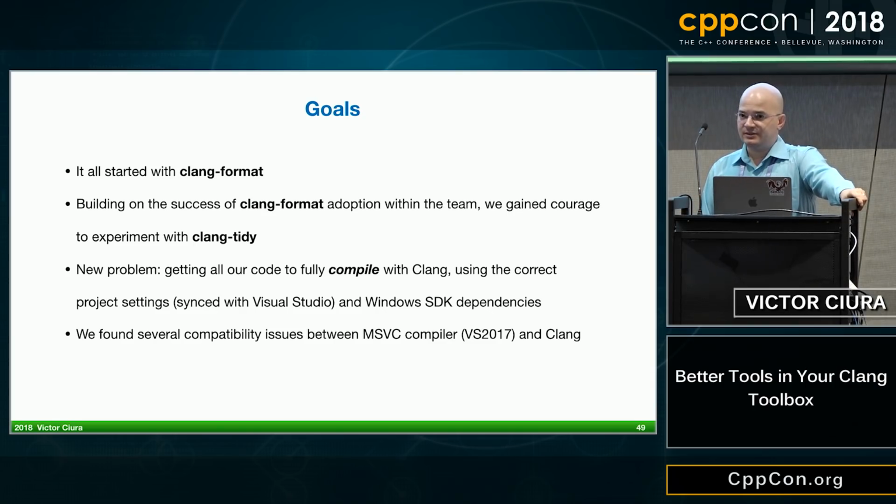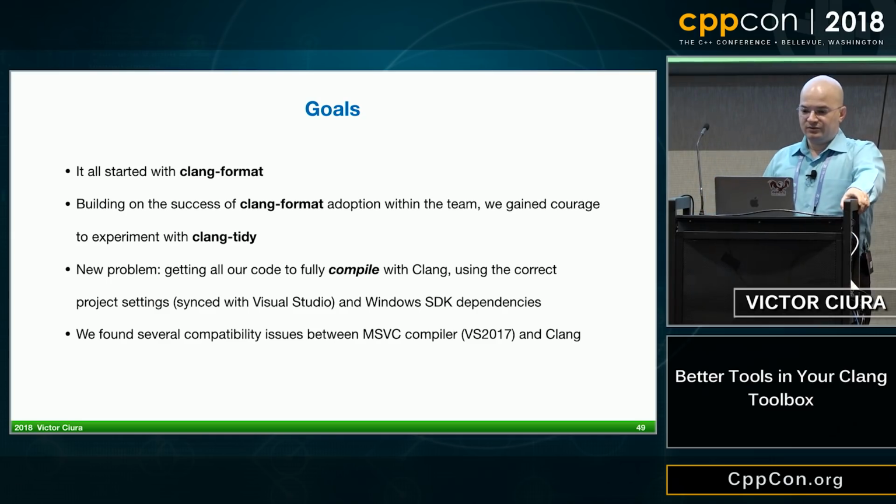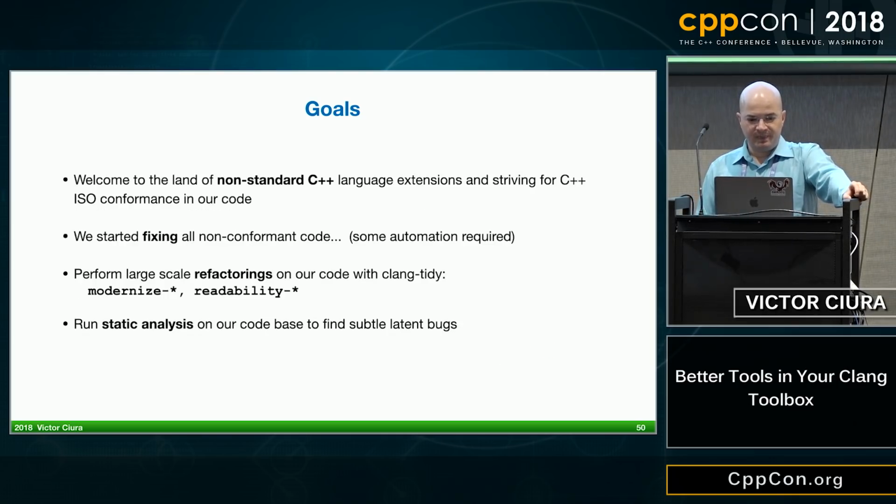But other issues, like encountering near misses in virtual function names, or functions that actually didn't override anything, although you thought they did. We did find quite a few of those.